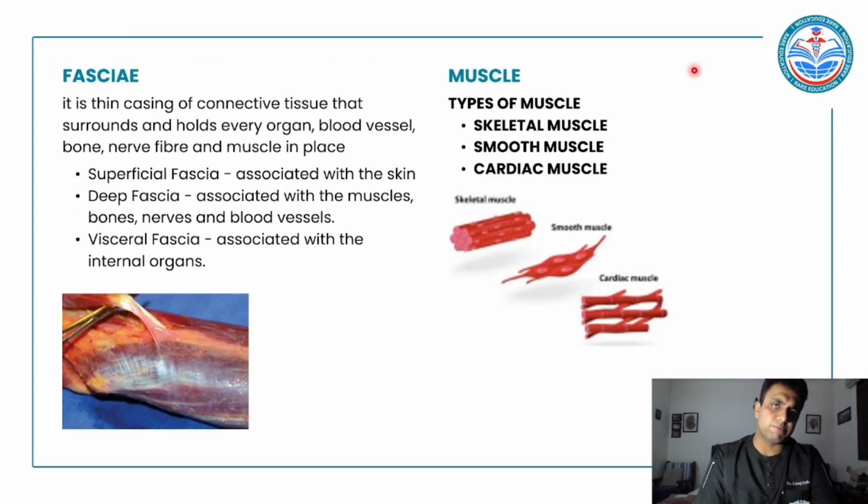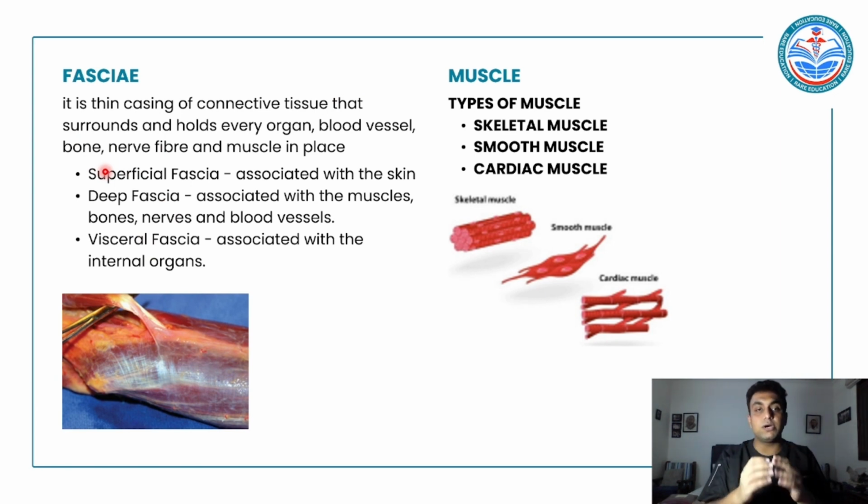Now, fascia. What is a fascia? Fascia is basically the connective tissue that is surrounding and holding all your organs, blood vessels, bone, nerve fiber, muscle fiber, etc. Basically, each and everything of your body is being covered by a thin layer. It is called fascia. Now, the fascia is of 3 types. First is called superficial fascia. Most superficial is your skin, so whatever is related to your skin is called superficial fascia.